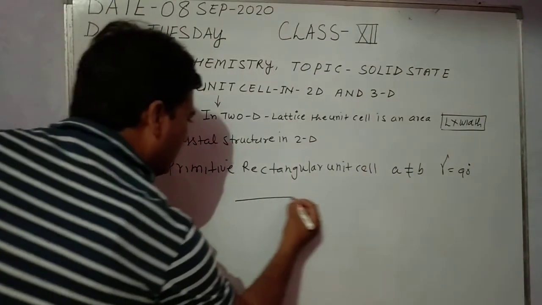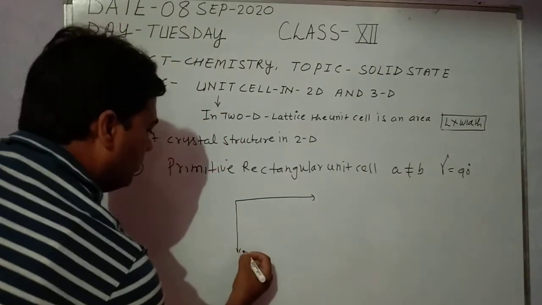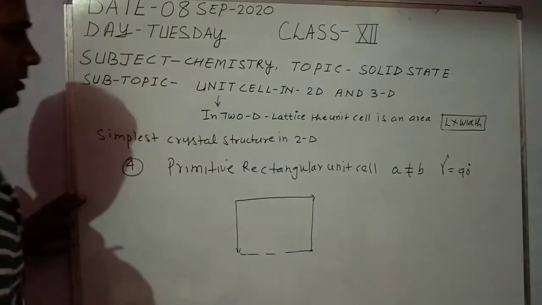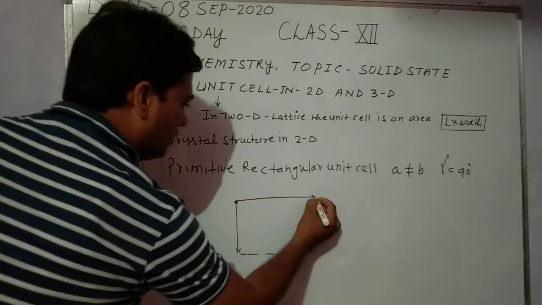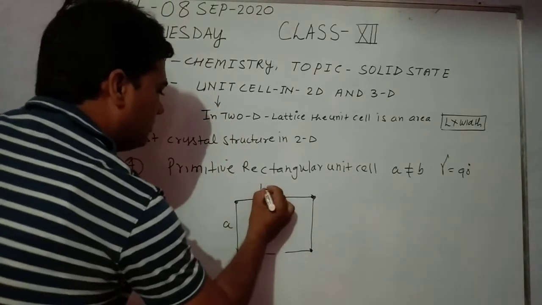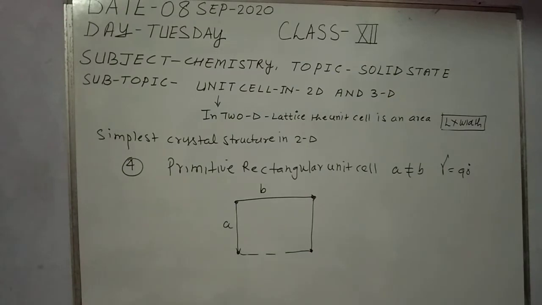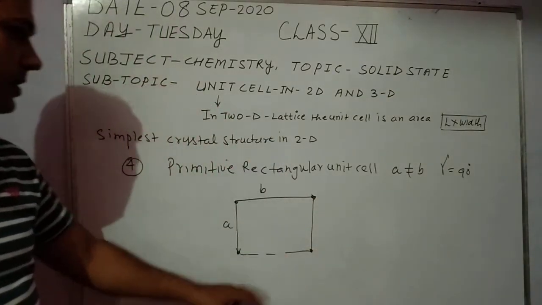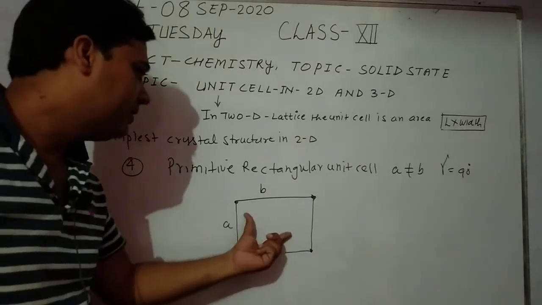So the lattice points are here, this is A and this is B. So in primitive rectangular unit cell, A is not equal to B but gamma is equal to 90 degree. There is no lattice point at the center.